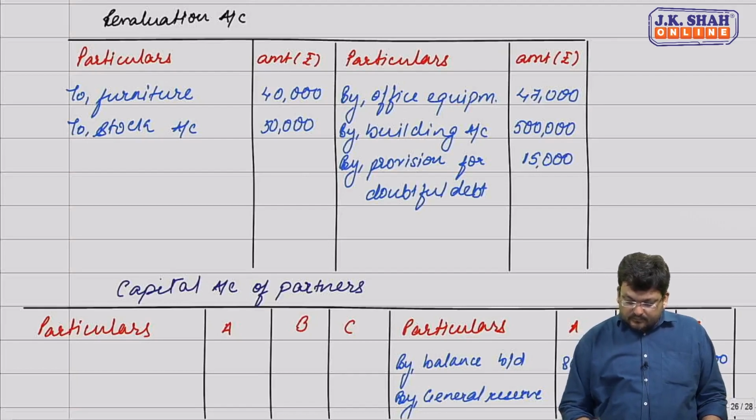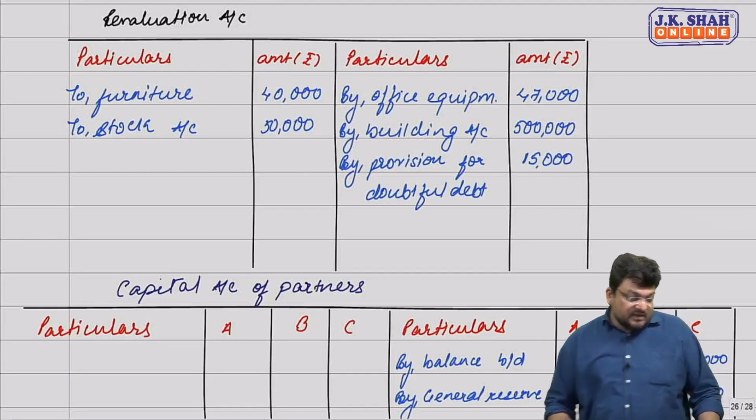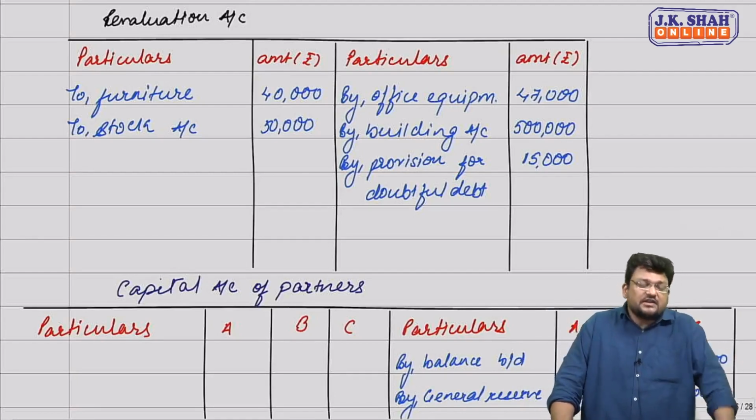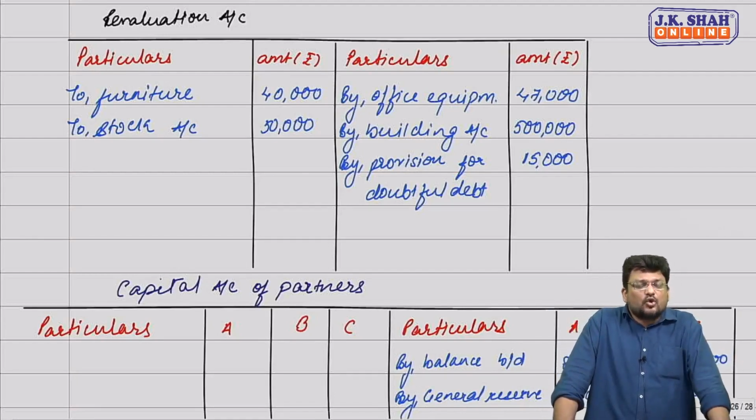Then they are saying joint life policy. Joint life policy in our balance sheet is appearing at 1,60,000. In old balance sheet, joint life policy is 1,60,000. And they are saying it is to be shown at 1,50,000 in new balance sheet. It is to be shown at its surrender value in new balance sheet. Surrender value is 1,50,000.